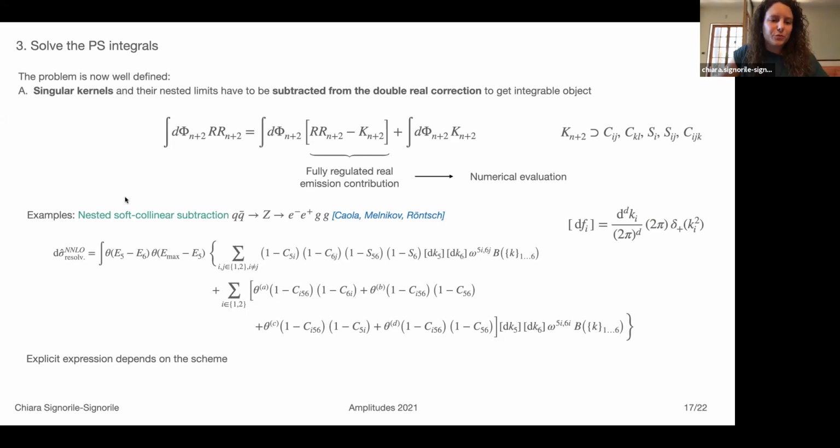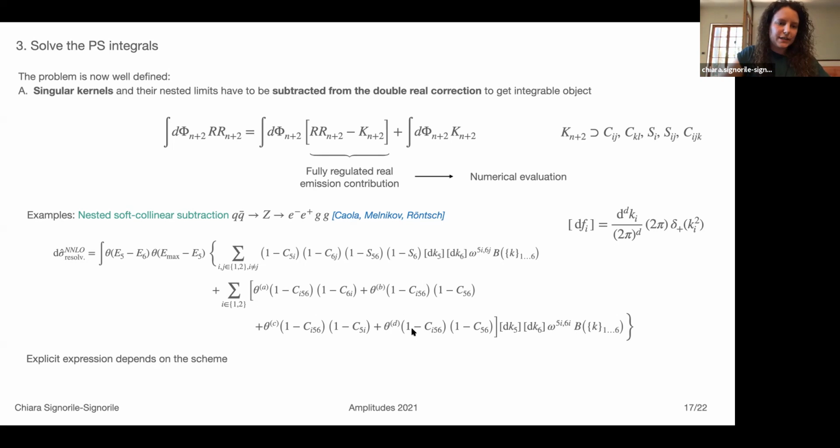I would like to quote here the explicit expression for this term in square brackets, according to the nested soft collinear approach. And in my opinion, it's nice to see how, at least at the formal level, the subtraction really looks quite physically transparent. So the idea is that starting from a process, we have to subtract all the singularities, and we are including sector functions to introduce a minimum number of them sector by sector.